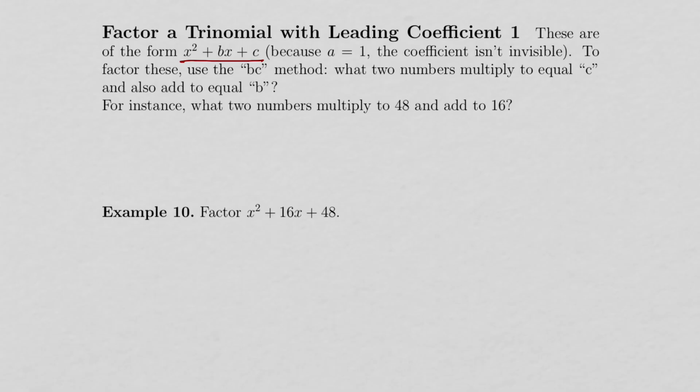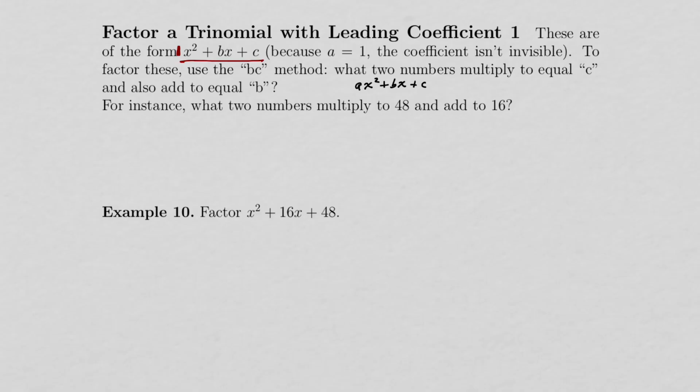So if there's nothing in front, right, there's always a 1 there. It's 1 times x squared. Normally, in general, this would be ax squared plus bx plus c. But we're going to focus on the case where a is 1, right?